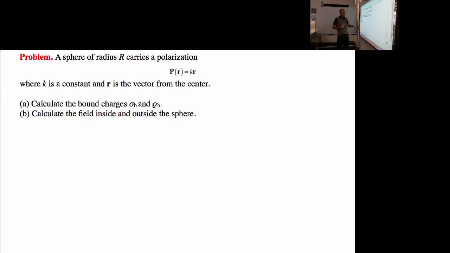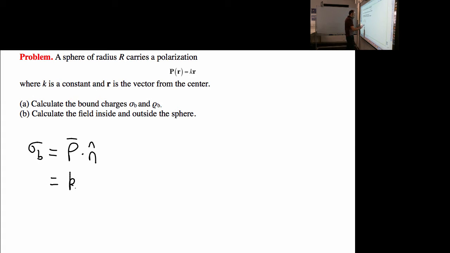So first of all, let's look at the surface bound charge. What we previously saw is the surface bound charge, sigma b, is equal to the polarization dotted with our unit vector, n hat. In this situation, the unit vector is in the r hat direction, so it's pointing outwards.